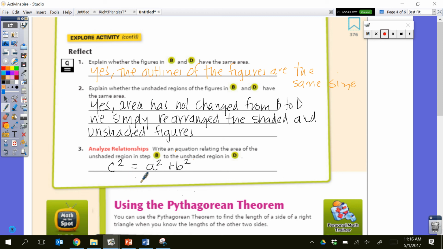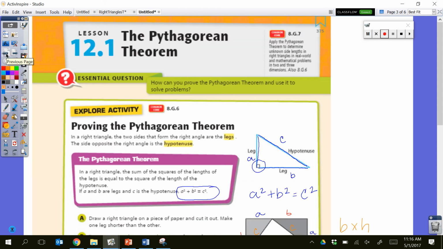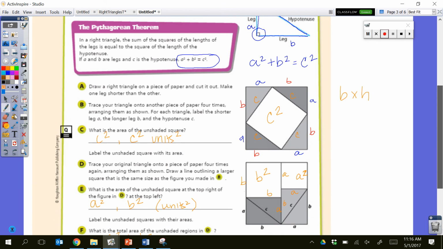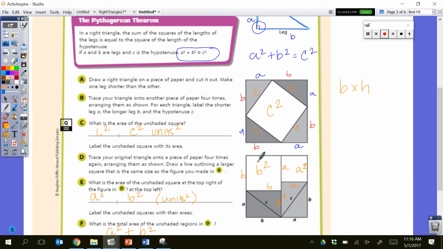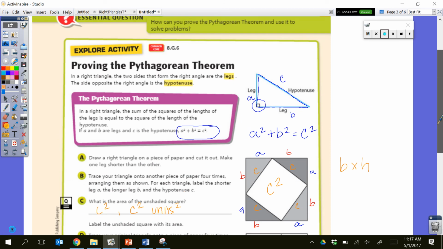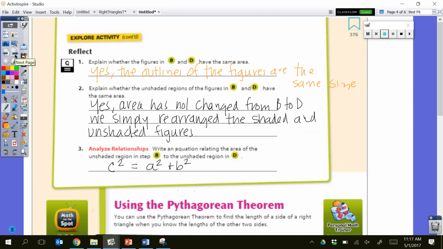So this right here is the Pythagorean theorem, and if we look back here, this is how we know that we can use the Pythagorean theorem to solve for missing side lengths, because the area does not change when we configure all these triangles together. So that lets us solve for missing side lengths of triangles.